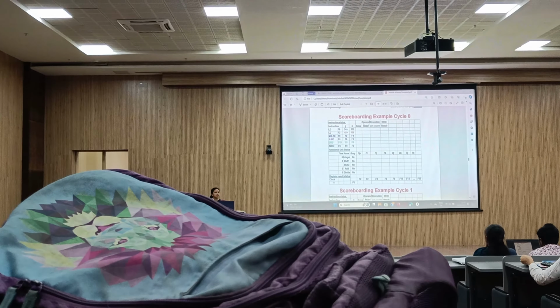Okay. Now how to solve this problem? First you have to write empty scoreboard. Okay. You can see here cycle 0. Write this empty scoreboard, which is called as cycle 0. So what all parts are there?